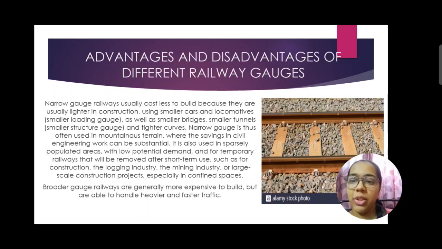It is also used in sparsely populated areas with low potential demand and for temporary railways that will be removed after short term use, such as for construction, the logging industry, the mining industry, or large scale construction projects, especially in confined spaces. Broader gauge railways are generally more expensive to build but are able to handle heavier and faster traffic.